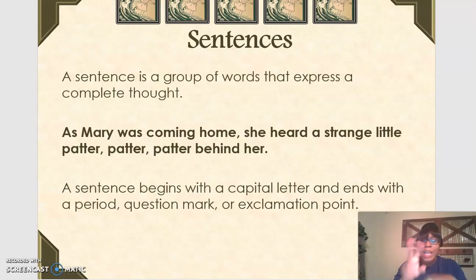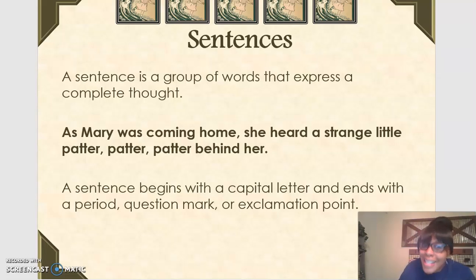So let's dig deeper into sentences. A sentence is a group of words that express a complete thought. So it's a group of words. Let's look at the words. As Mary was coming home, she heard a strange little sound, patter, patter, patter, behind her.